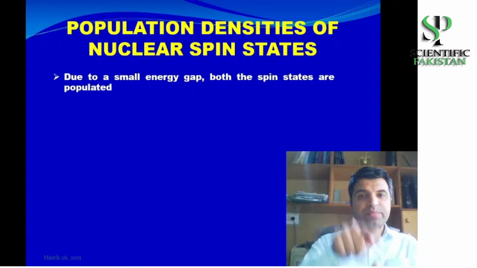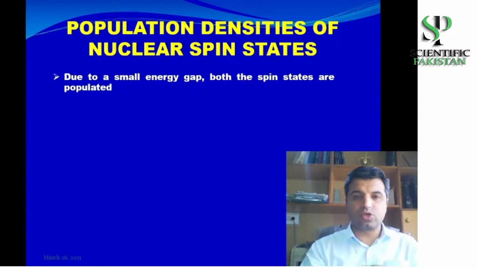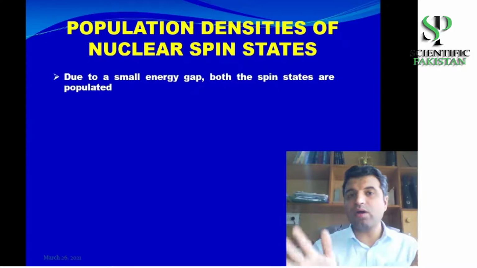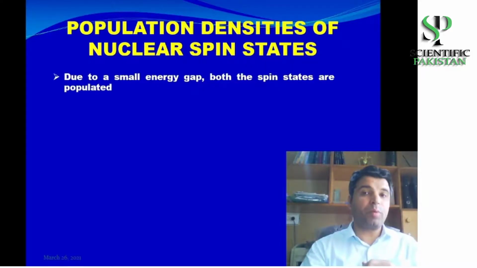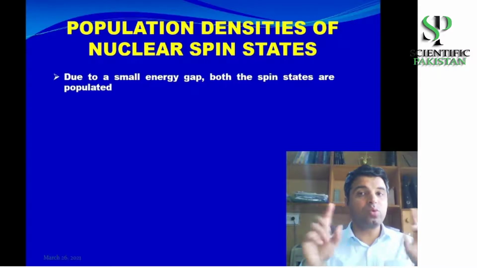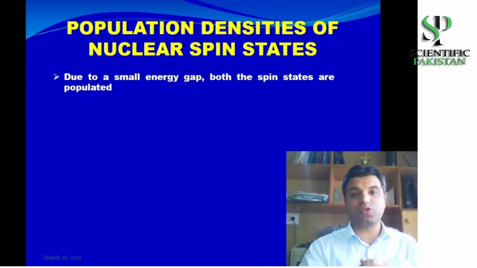The energy gap that is developed between the two spin states is not very large. It's a small energy gap, which means that both the spin states will be populated. But what will be the relative population, or the population density, of the two spin states? Are they equally populated? Let's see.